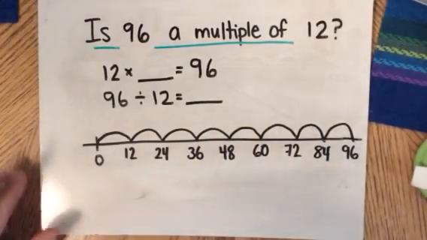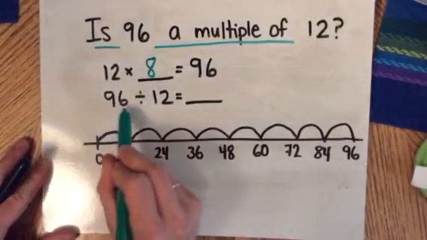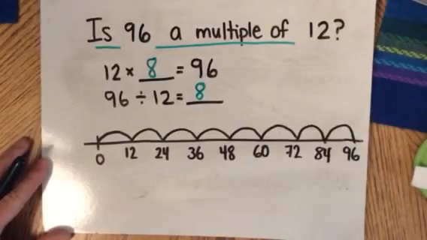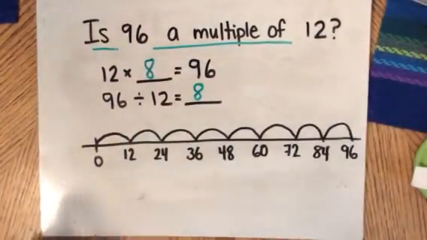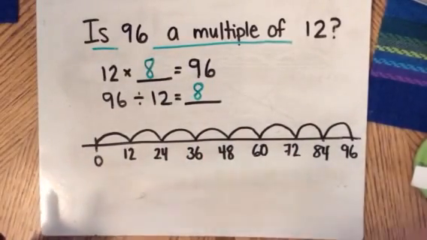So I know that 12 multiplied by 8 is 96, or 96 divided by 12 is 8. So there you have it. 96 is a multiple of 12, and it's a multiple of 8 because I can multiply something by 12 to get a product of 96.